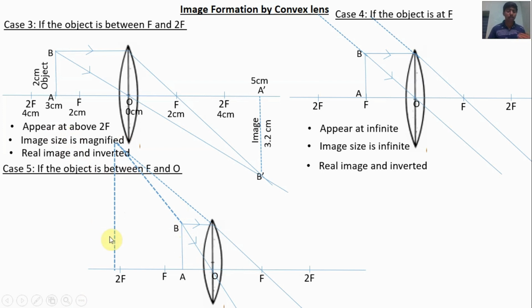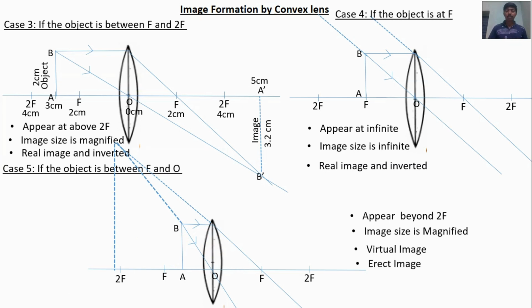That image is a virtual image because the object and image are on the same side of the lens. So by the conclusion, the image appears beyond 2F and is a magnified image, virtual image, erect image. Erect image means not inversion.